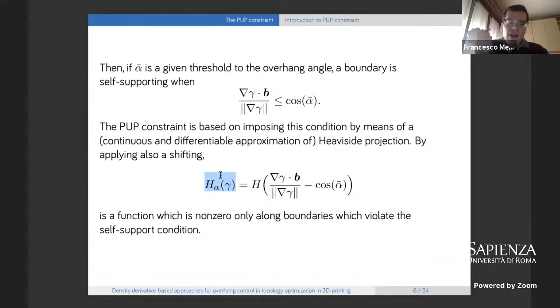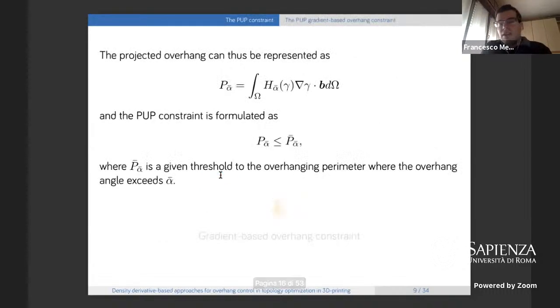Since it is non-zero only along boundaries which violate the self-support condition, we can simply integrate over the entire domain and obtain some measure which characterizes how many non-self-supporting boundaries we have.